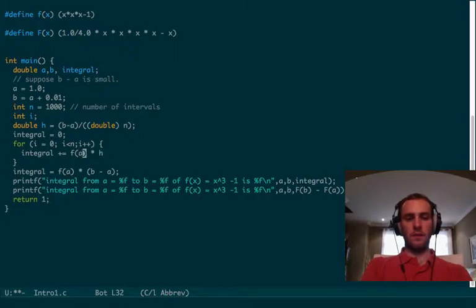And then you start at a, because the first one will look something like this. You know, it's going to be f of a, but instead of b, it's going to be a plus a tiny bit, a plus h. So we get that.